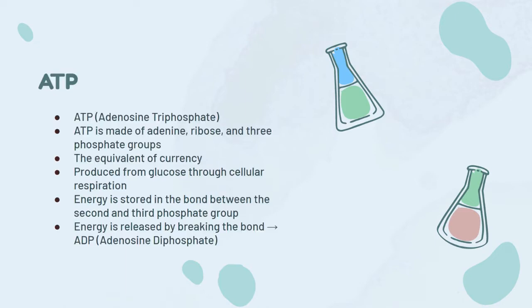ATP. ATP is also known as adenosine triphosphate. ATP is made of adenine, ribose, and 3 phosphate groups and is the equivalent of currency in the cell world. It's like the USD in America. In order to buy stuff, you need to have dollars or USD.